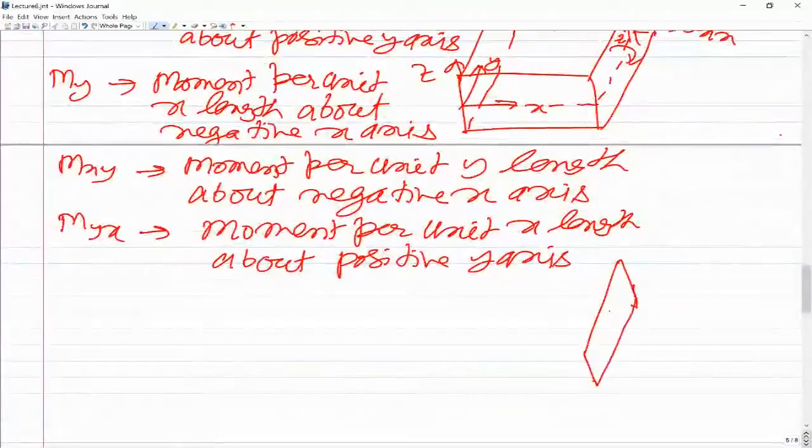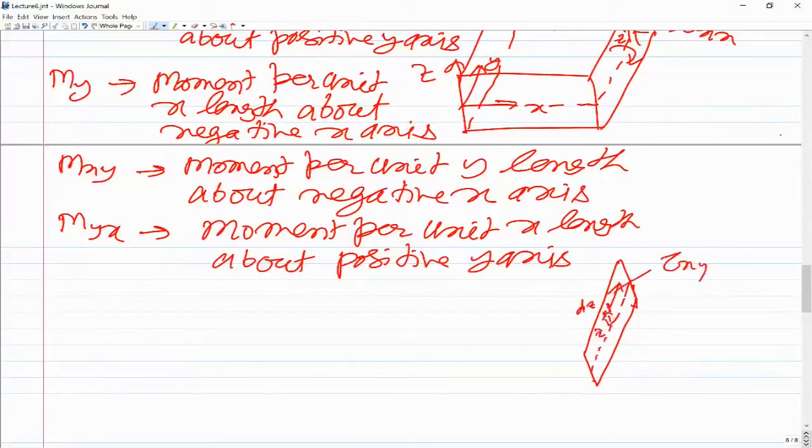This is the face, and this is how your tau xy is there, and you are taking a differential length dz, and the distance from here to here is z.